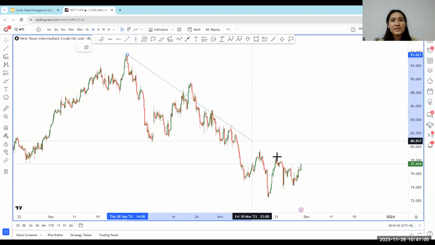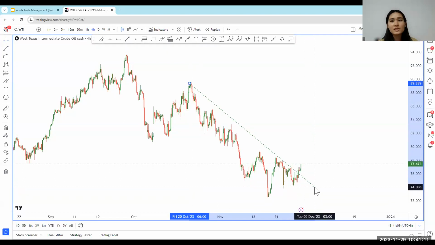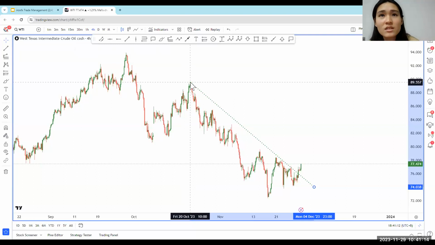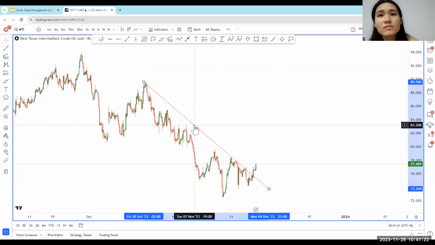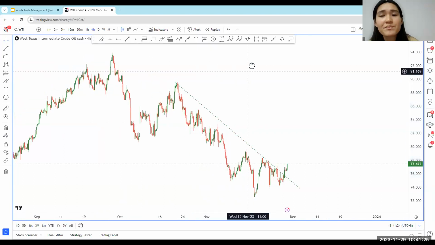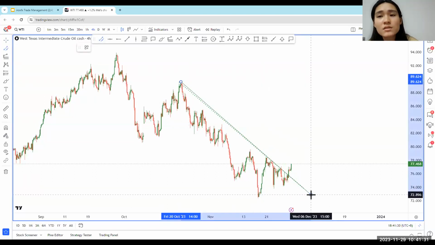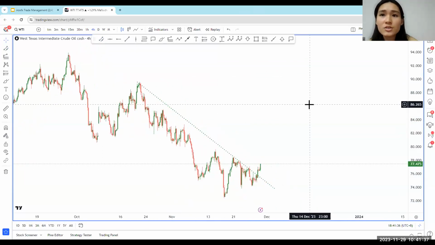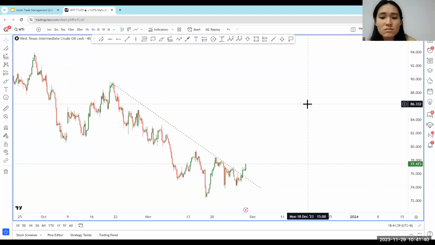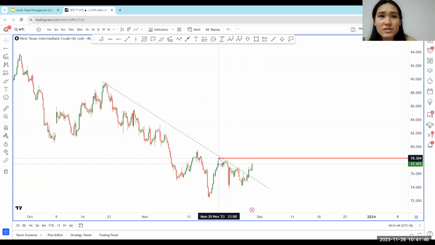We do have price breaking out of this descending trend line. Let's see if we have a channel. No. So we're just going to continue our analysis, and then we'll see what our Fibonacci levels tell us.